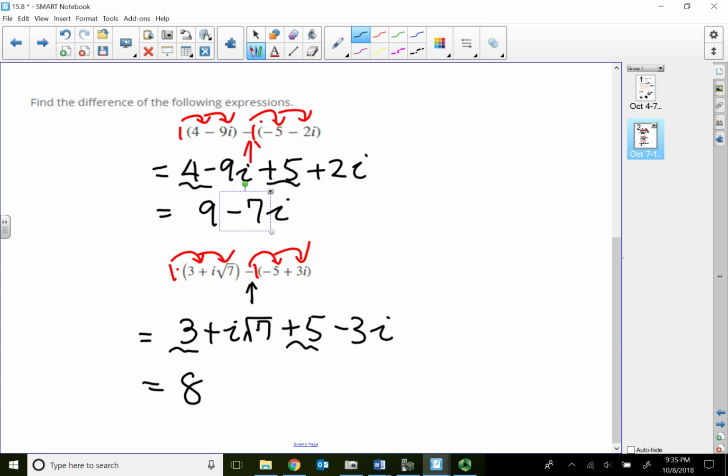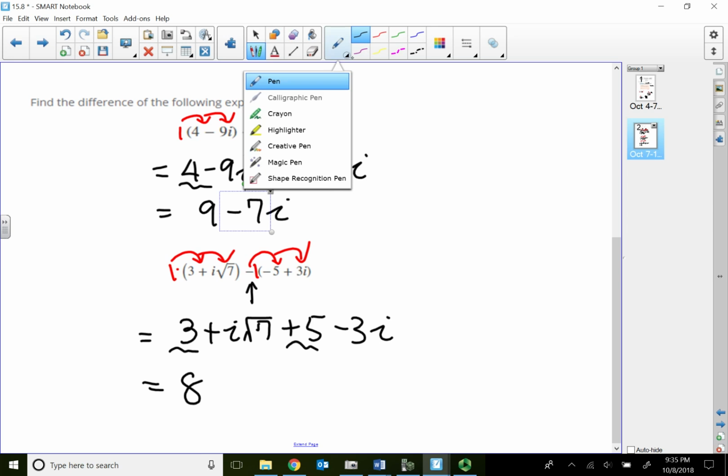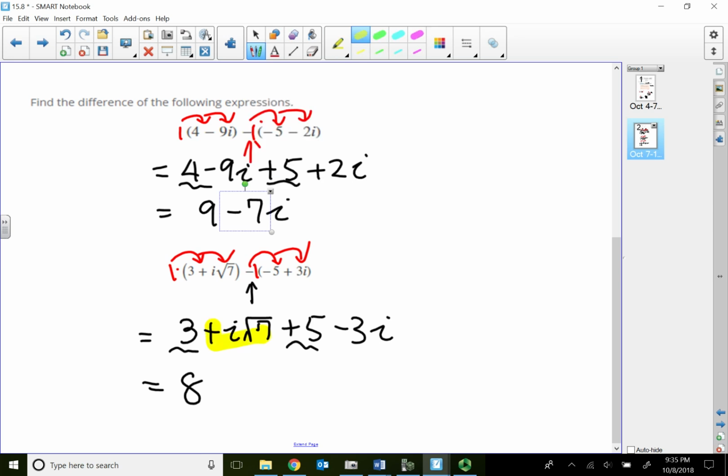So now, what do I do with these two terms? I think the tutorial does it this way. Sometimes the answer will be displayed this way. Since both of these terms have an imaginary number i in them, what we can do is factor out the i. So that will be plus, I'm going to keep a plus, and factor out the i.